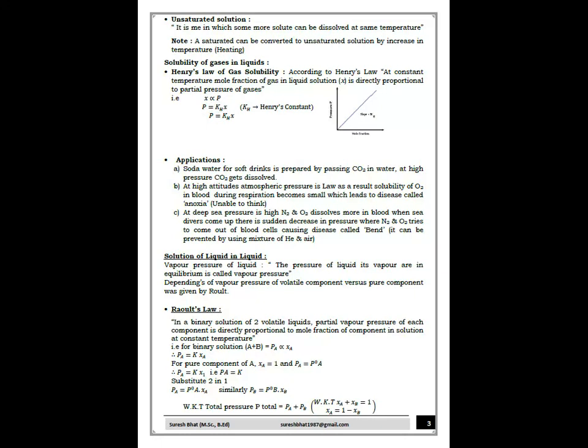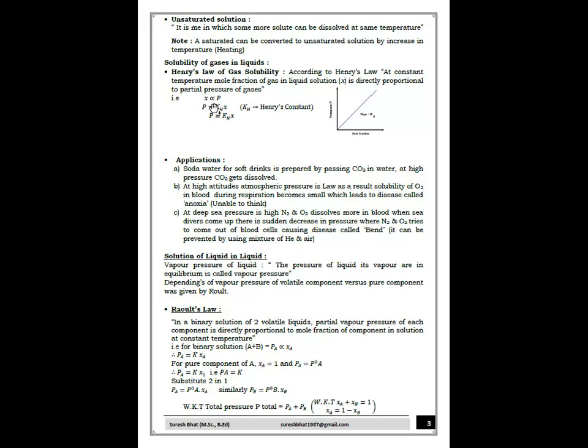Now, what is the difference between pressure of a gas and partial pressure of a gas? If a mixture of gases exhibits the pressure, commonly we say it as pressure of gas. Now, if in a mixture of gases, only a particular gas exhibits the pressure, then we say it is the partial pressure of the gas.